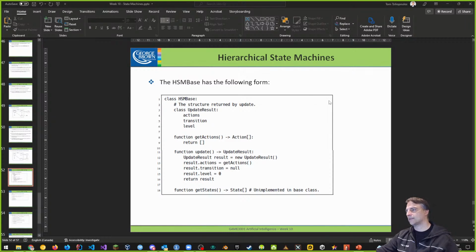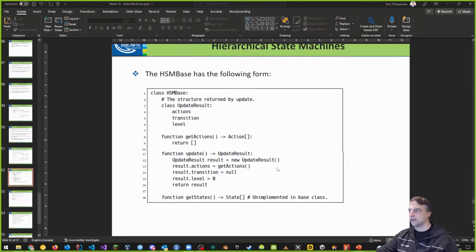Okay, so again, let's take a look at some pseudocode that we might use for a hierarchical state machine, as an example. It might look something like this, where I have a class where I have the update result, right? And notice that there is a class inside of a class.